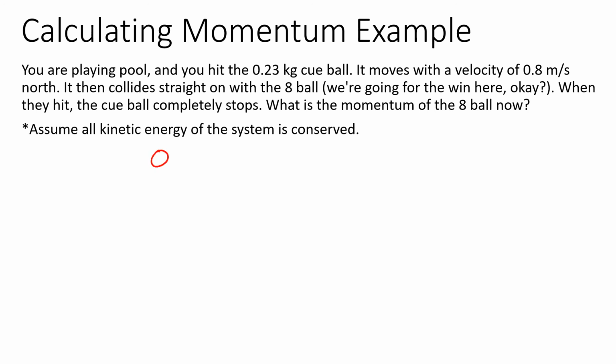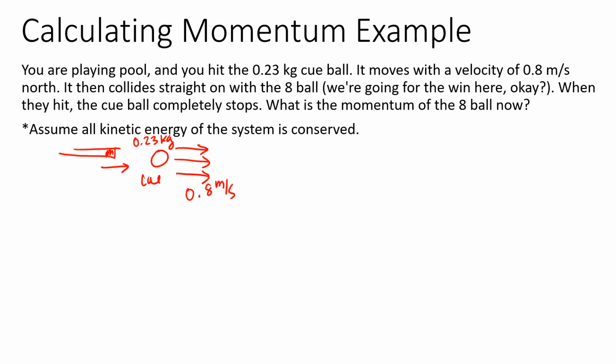So we're starting out here with our cue ball. And we of course have our pool stick here, and we hit the cue ball with our pool stick, and it's going to move forward. So our cue ball we know is 0.23 kilograms, and the velocity of it is 0.8 meters per second.